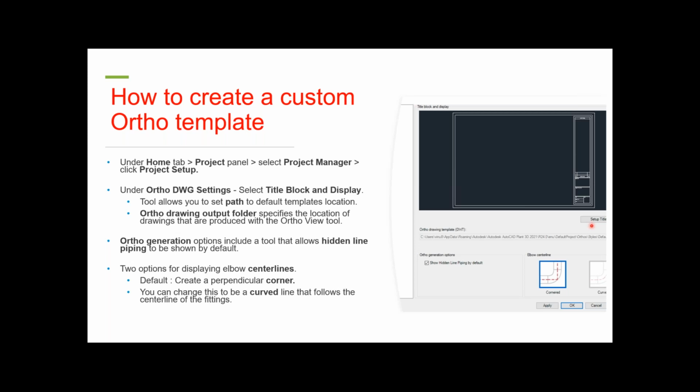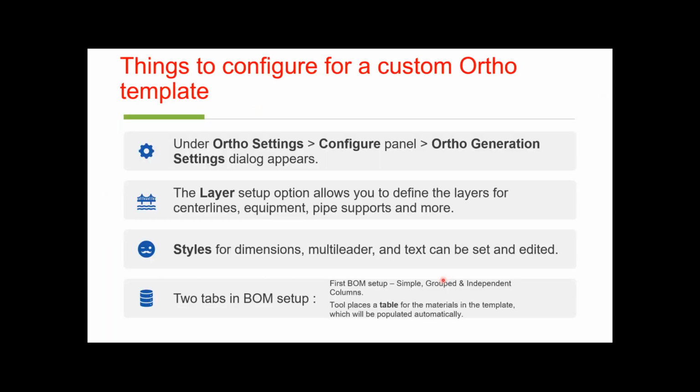So a little bit more around that. When you are trying to customize your ortho template, once you are editing the title block setup, then you have a segment for ortho settings. In the ortho settings, again, you can go to the configure panel and look for ortho generation settings, where you can control all the things that I just mentioned. So you can control how your layers need to look for your center lines, equipment, pipe supports, and so on.